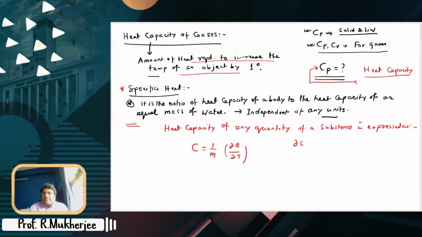So dQ is the heat added. These are simple stuff. I could have simply done away with it, but just for the sake of completeness, and if anyone needs a revision, I'm doing it. Achieve a temperature change delta T for a unit mass.